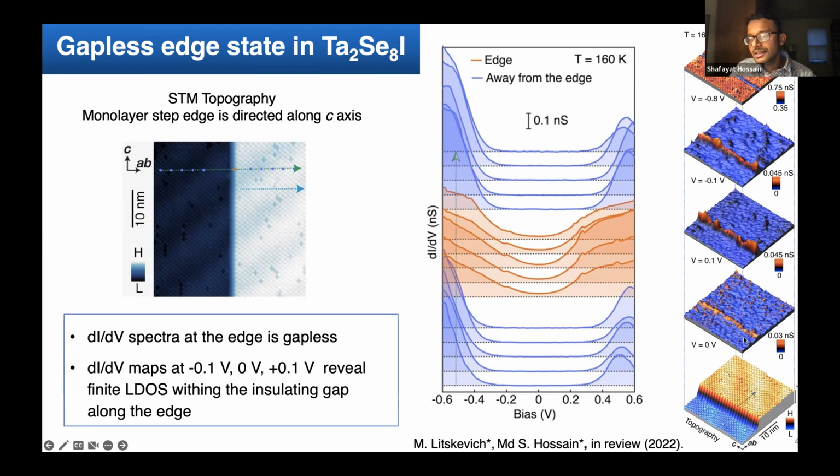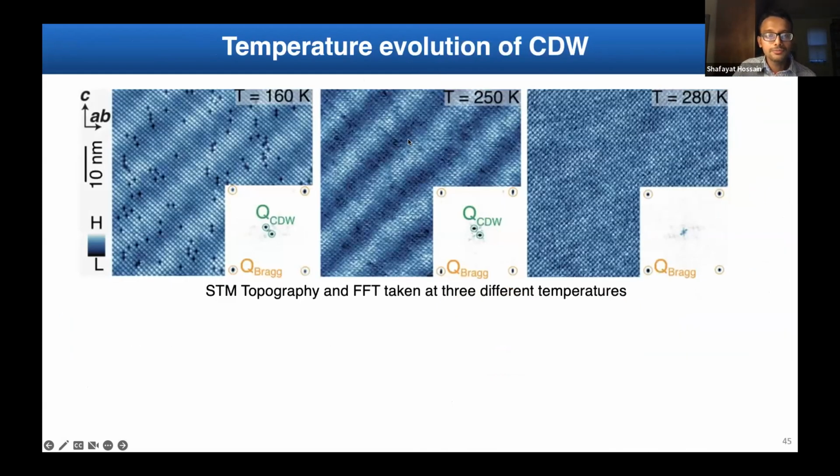And we see that there are edge states, very weak at the Fermi level, and then becoming stronger at finite voltages within the gap. And of course, outside of the gap, the edge state is no longer there. It's rather suppressed. So here we see a gapless edge state in the charge density wave state of this tantalum selenium iodide.